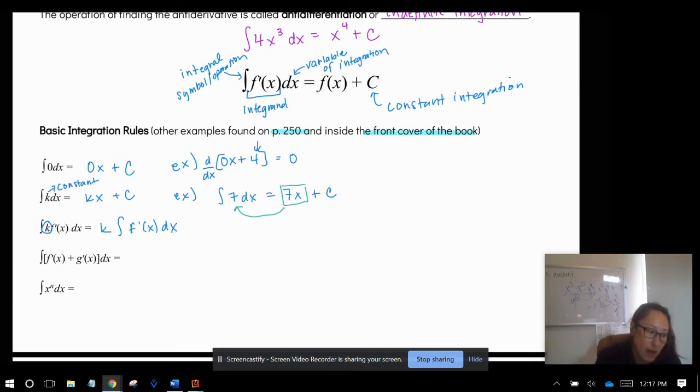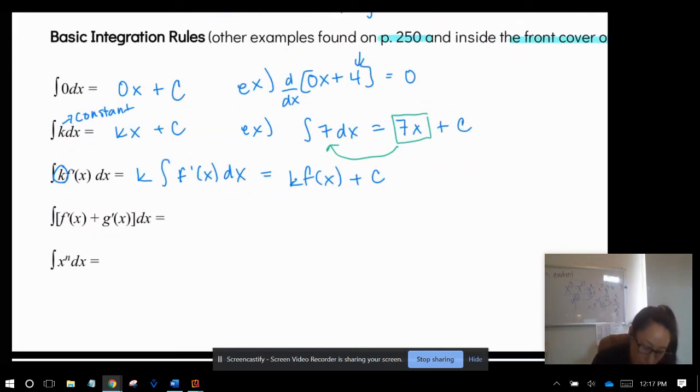And the antiderivative of f prime, so the antiderivative of a derivative, I know that's gross, sorry, is just f of x. So it's f of x times k. And then don't forget, you could have some kind of constant out there.